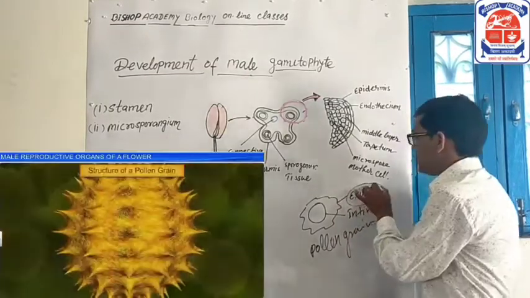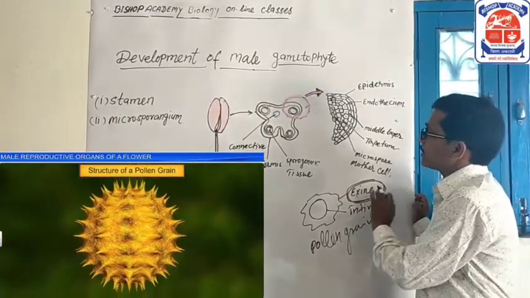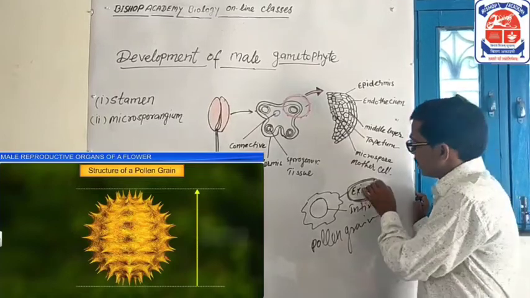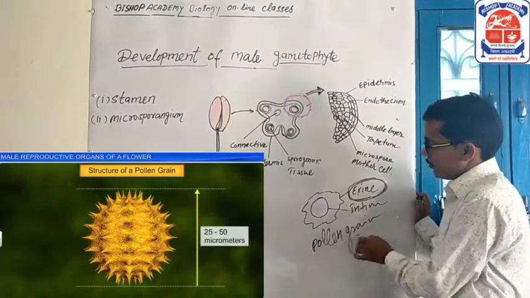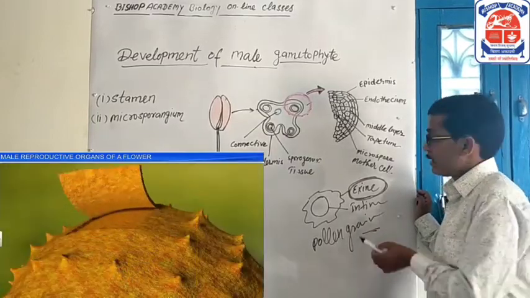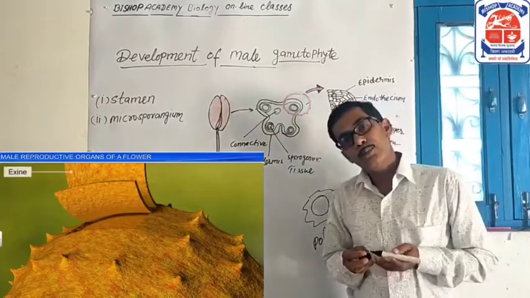Due to the presence of Ubisch bodies in the tapetum, it forms the exine layer of the pollen grain. The main function of Ubisch bodies is the formation of the exine layer. It is also made up of sporopollenin.